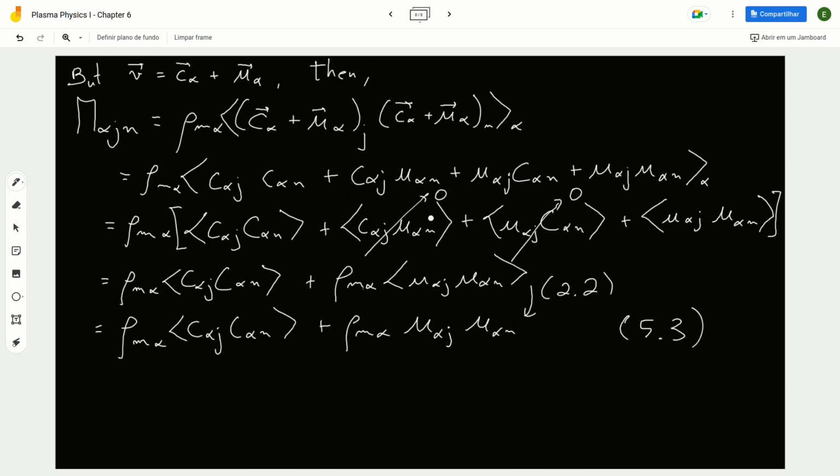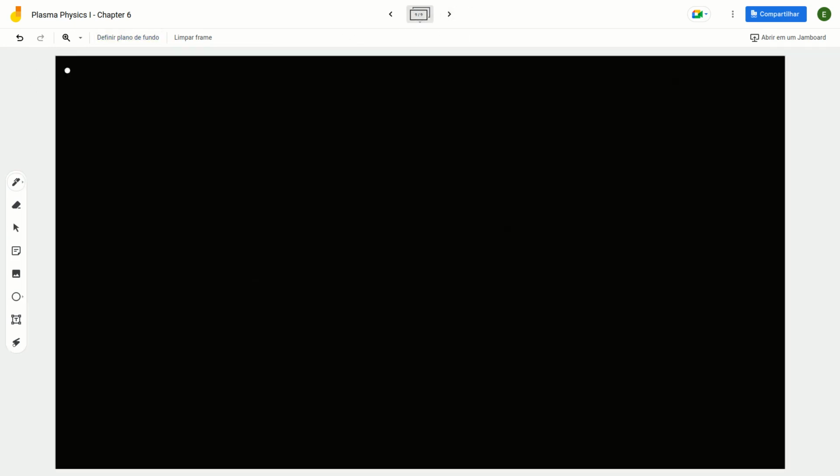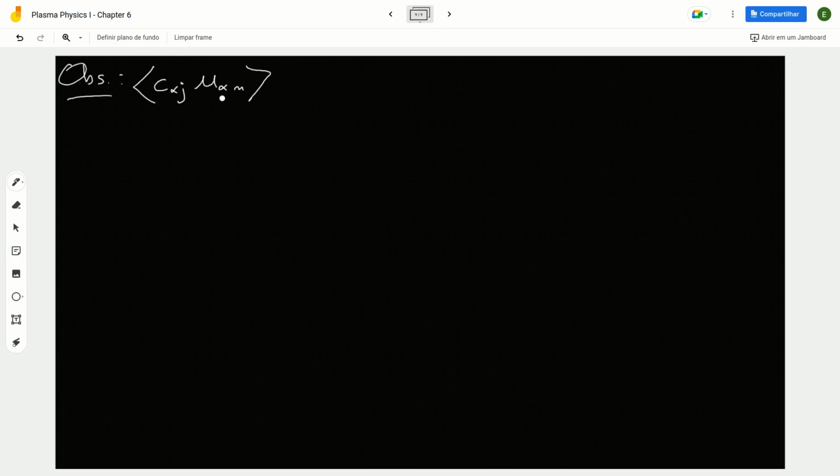Now, let's show why these two quantities are zero. Observation. Let's write C alpha j times U alpha n. The first one is this.